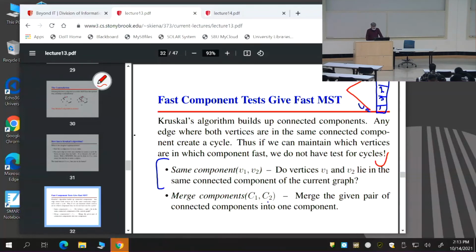If I decide that I want to merge components 1 and 2, that's the second operation, right? How would I go about merging all the components 1 and 2? What would I like to do? If I went through this array and I changed every 2 to a 1, does everybody agree that now the components are merged? Okay?